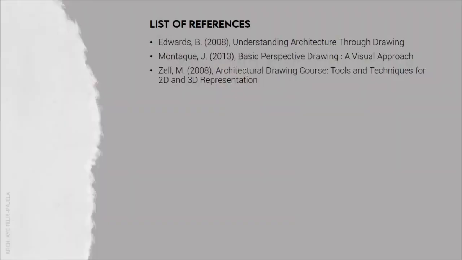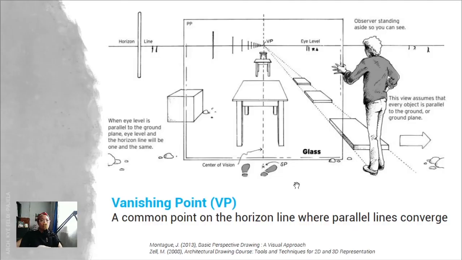Okay, so please stand by for your next activity, which will be a practice on the one-point perspective. It's not yet mentioned here, but there are three kinds of perspective. And for those perspectives, let me just bring back the slides. So, talking about vanishing point, in this particular drawing, there is only one vanishing point.